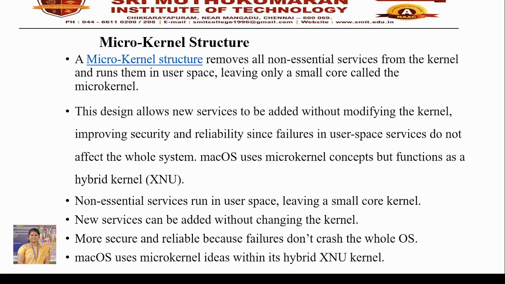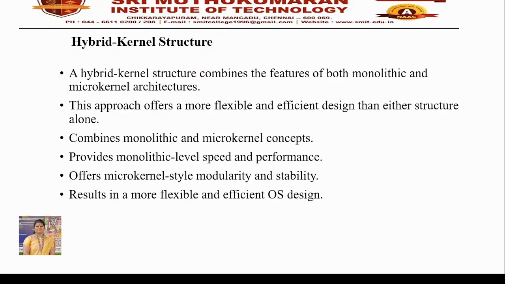So non-essential services run in user space, leaving a small core kernel. New services can be added without changing the kernel. It is more secure and reliable, as failures don't crash the whole operating system. Mac OS uses microkernel ideas within a hybrid kernel.